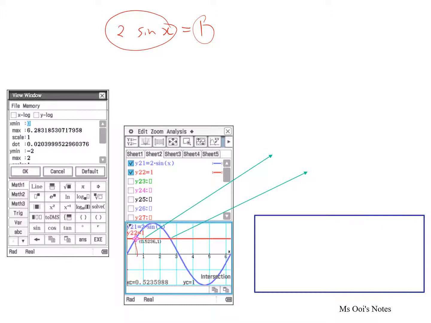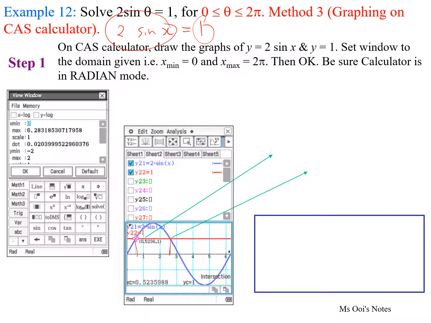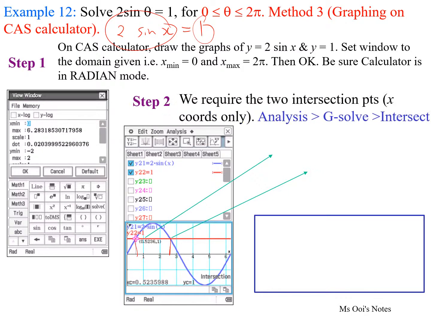That's what we're interested in, and this point as well. So on our CAS, to find the points of intersection, go to Analysis and G-Solve, and find G-Solve and Intersect.